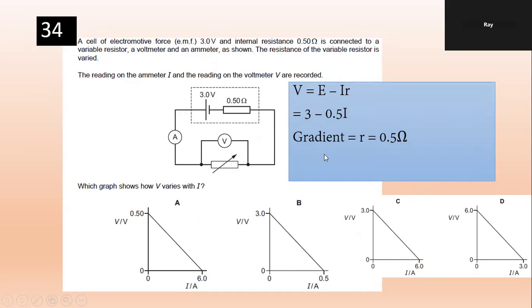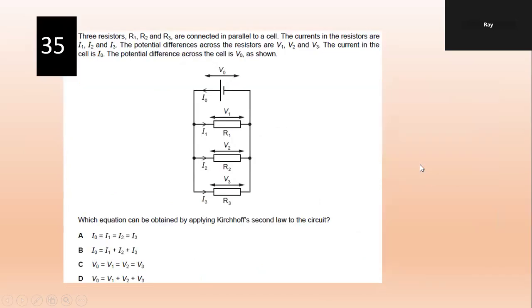Gradient is 0.3, sorry, 0.5. C, okay. Okay, 35. E.